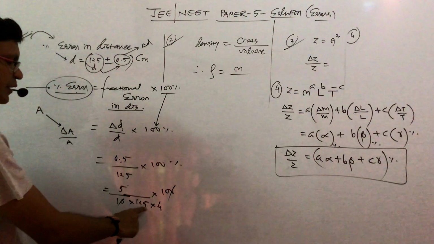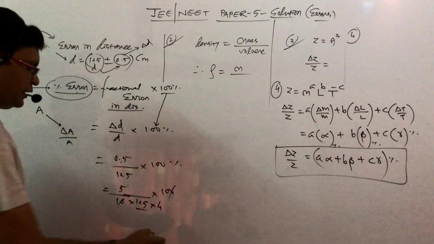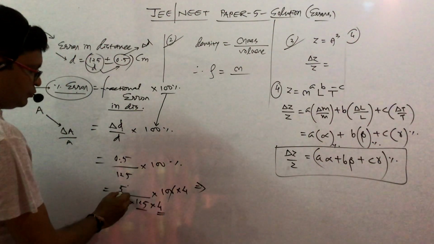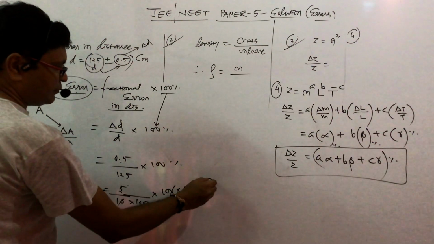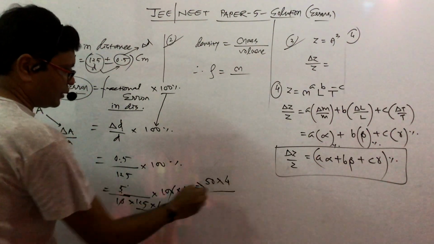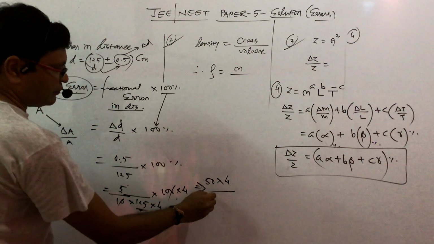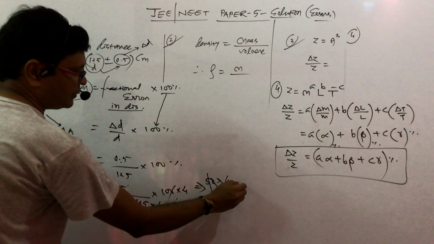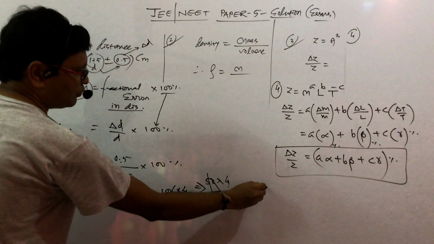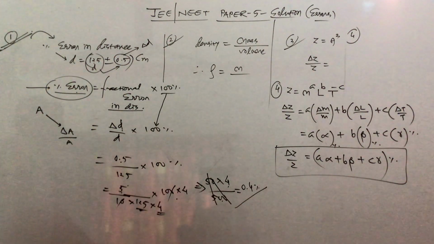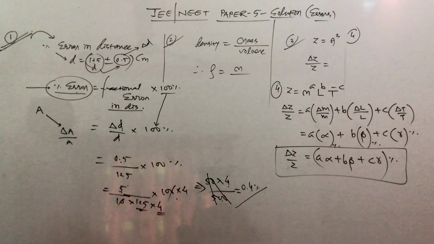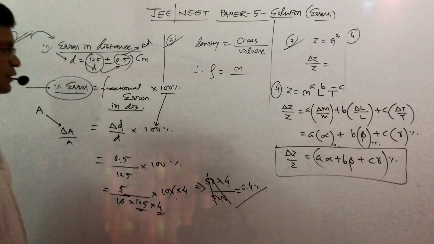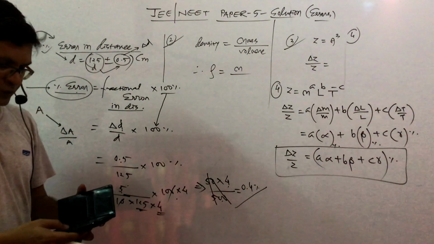Then 125 multiply by 4, that means 500. So multiply and divide by 4. So you can see 5 multiply by 4, 125 into 4 is 500. So cancel 4 by 10, 0.4 percentage is the right answer. Without a calculator you can do it. So friend, first question, percentage error in distance, it is 0.4 percentage.